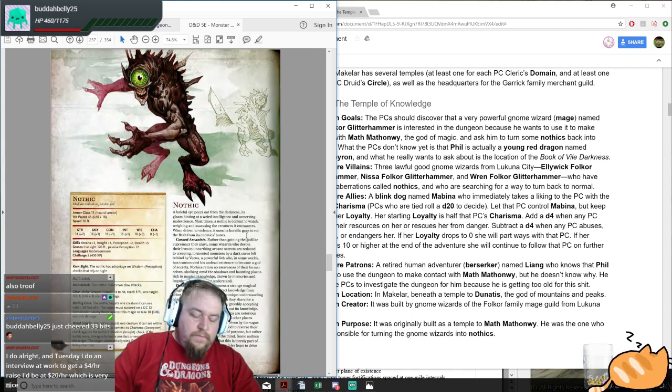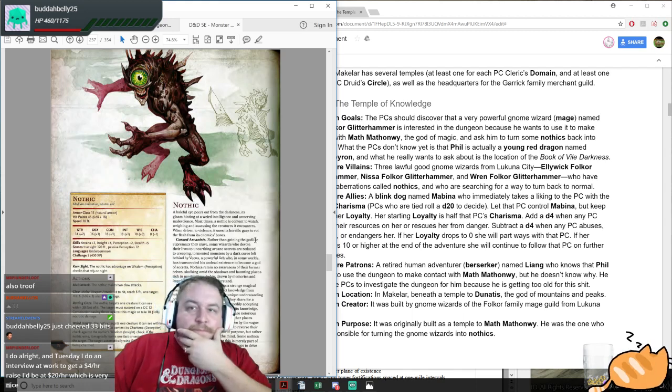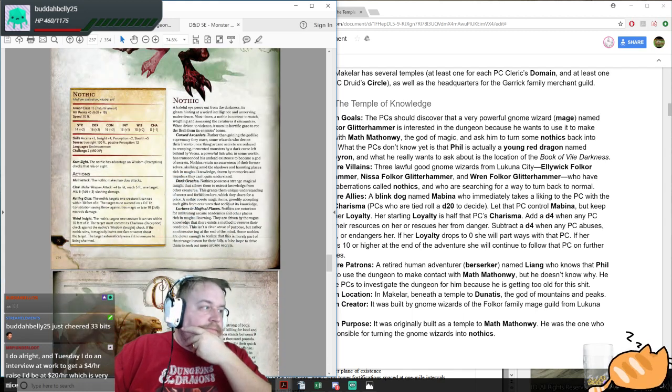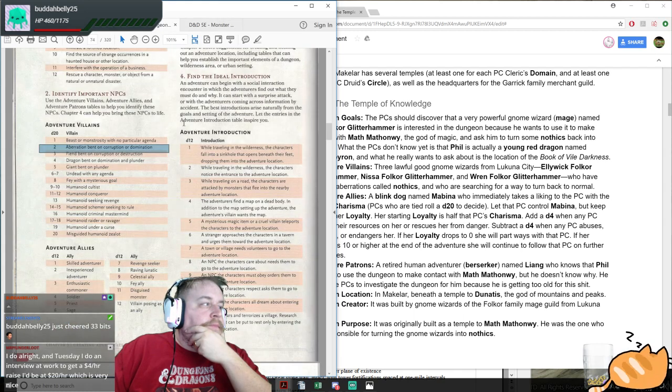Which basically, I did all the rolls first, but I'm kind of going through my choices. So the Nothic is for a certain reason that we'll get to in a second. Okay. So then I rolled for an adventure ally, and I got a Fey ally.